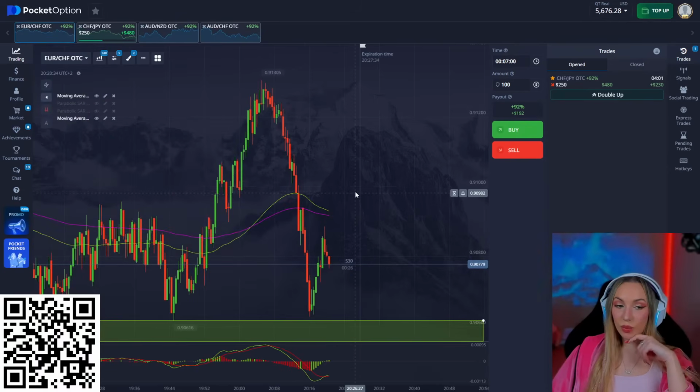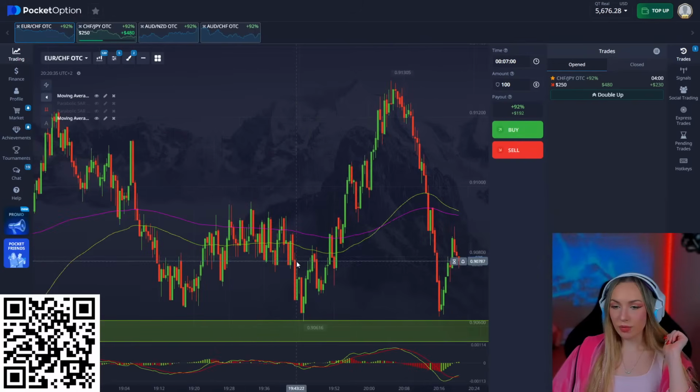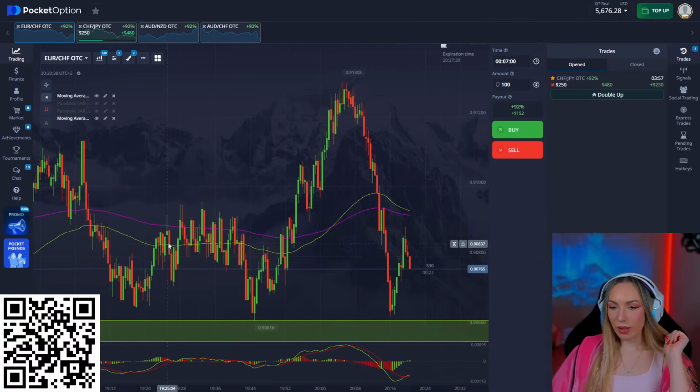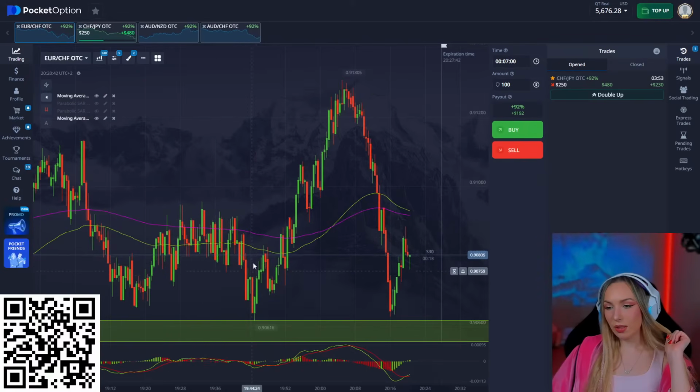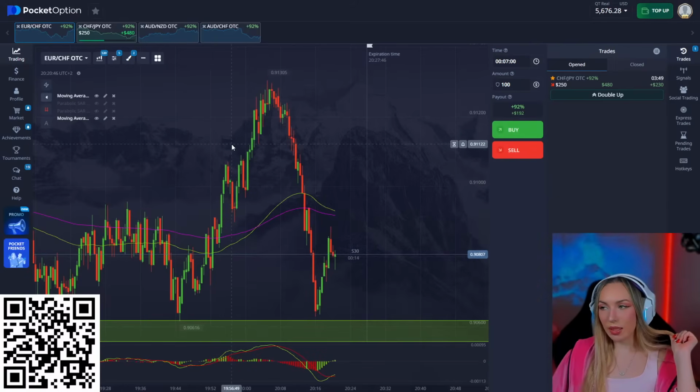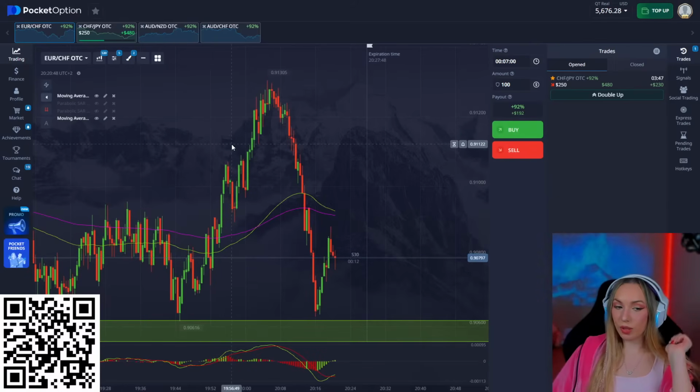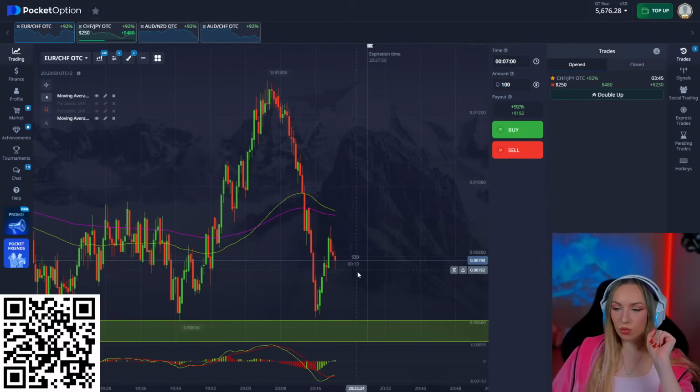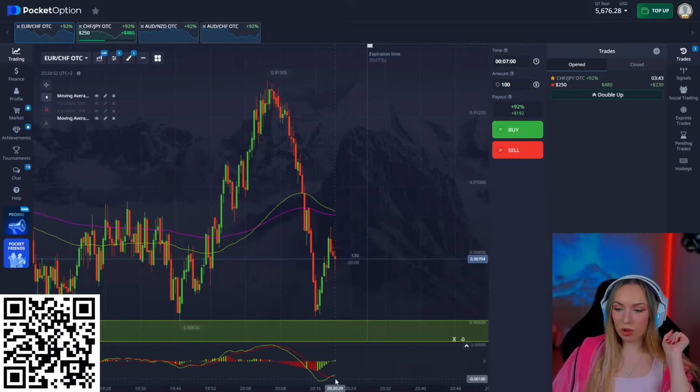Maybe I would love to open here a trade in the upward direction, but it can go up here, then become lateral, then go down and then go up again. So maybe it's bad to be in a rush. Let's wait, even though the MACD lines already crossed in the oversold zone.